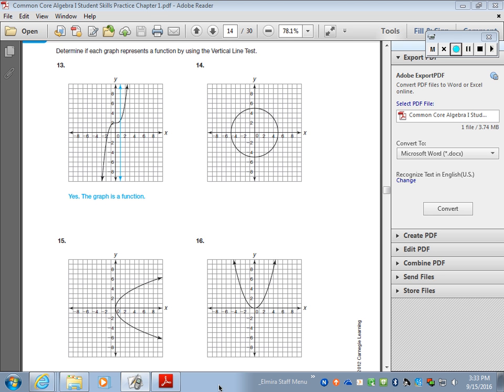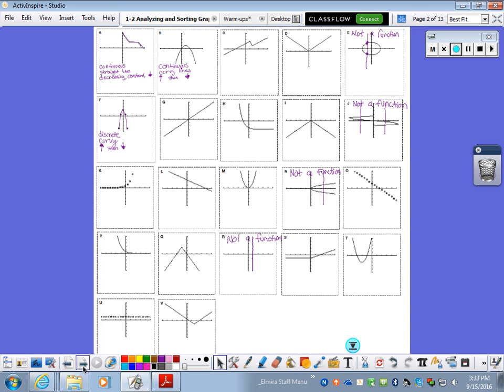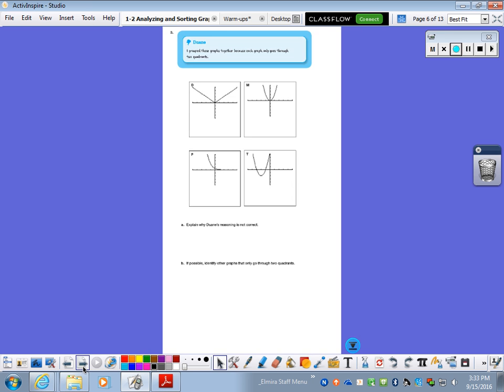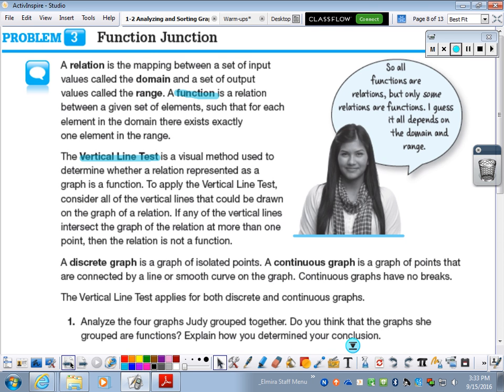Okay, so the next stuff that I talked about in class was about domain and range. If we go back in our textbook, we look at the textbook definition. Domain is your set of input values.